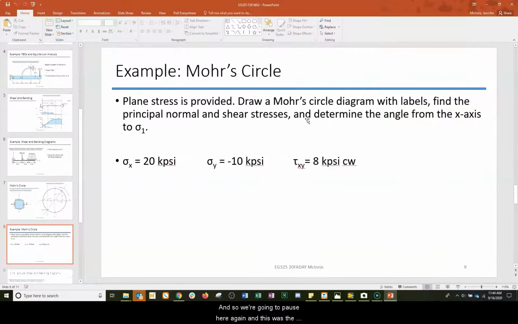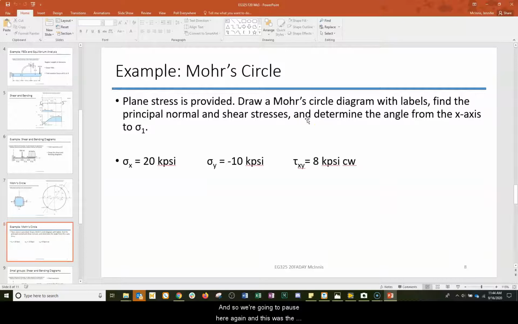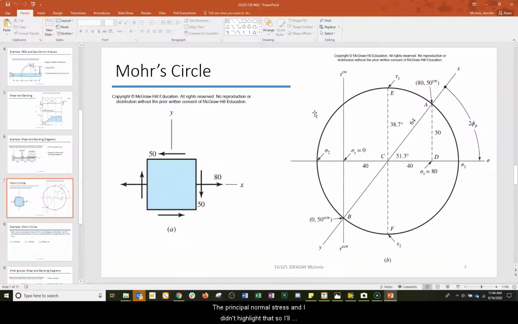We're going to pause here again, and this was the example we did in class, where a stress element is provided, and we want to find the principal normal and shear stresses using Mohr's circle. We want to label that circle and ultimately determine the angle from the x-axis to the principal normal stress. I didn't highlight that, so I'll come back.